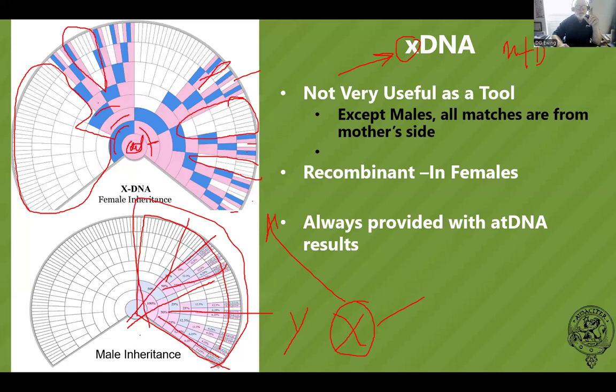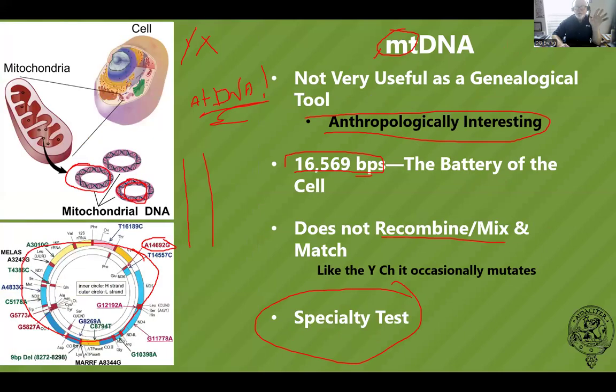And many people consider that the X is autosomal because it's always with the autosomal results, but it really isn't. All right. So MT is not a very useful genealogical tool, but it is interesting from an anthropological standpoint.